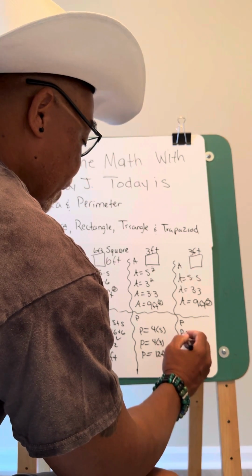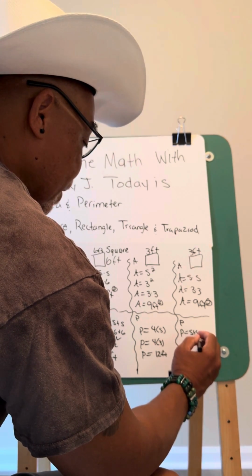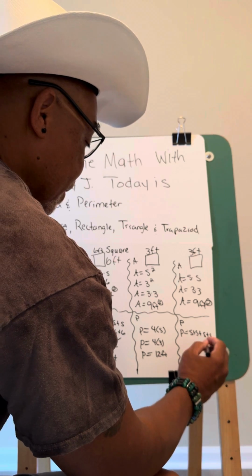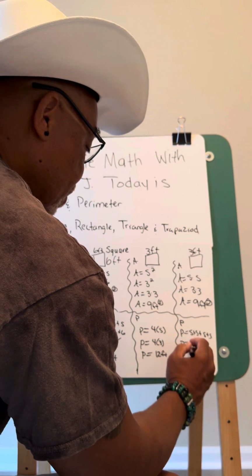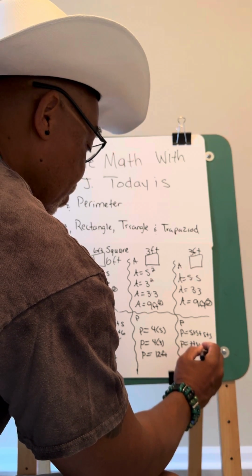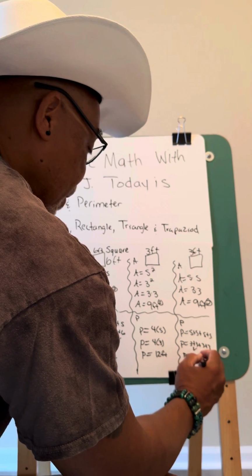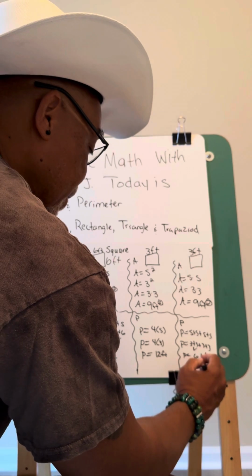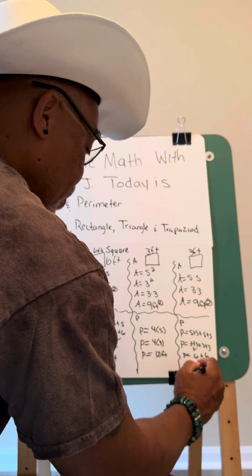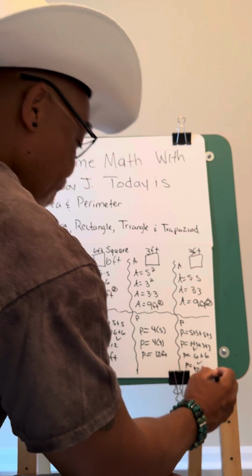Or you can go P equals S plus S plus S plus S. P equals 3 plus 3 plus 3 plus 3. P equals 6 plus 6. P equals 12 feet.